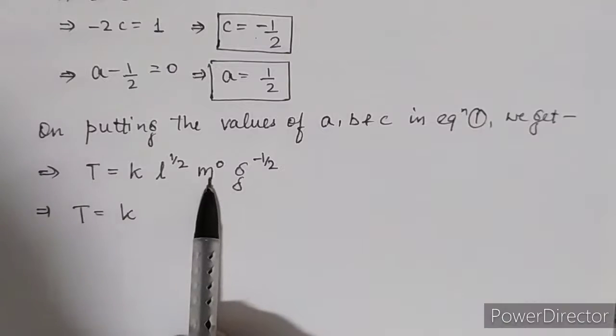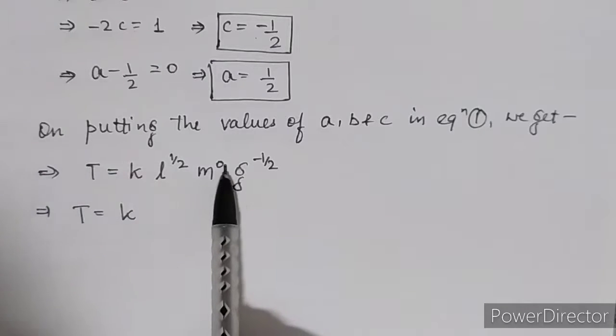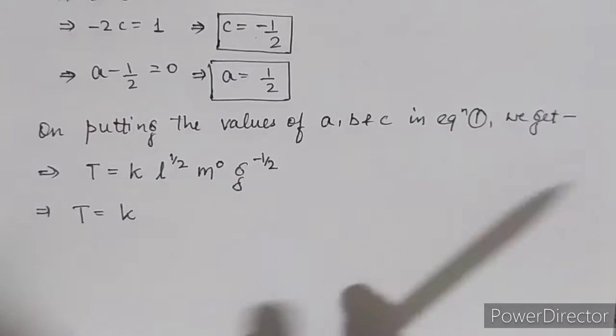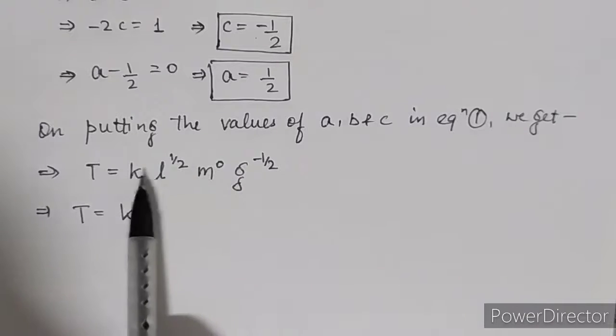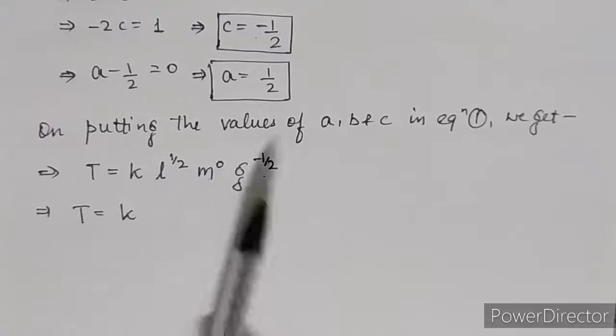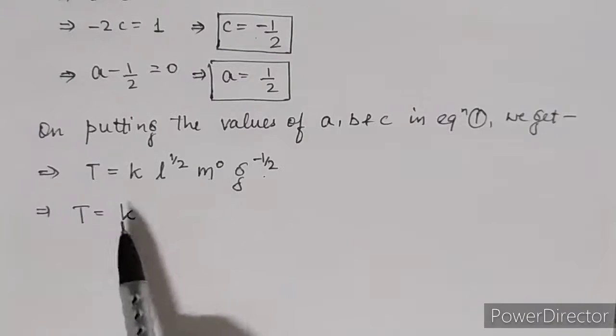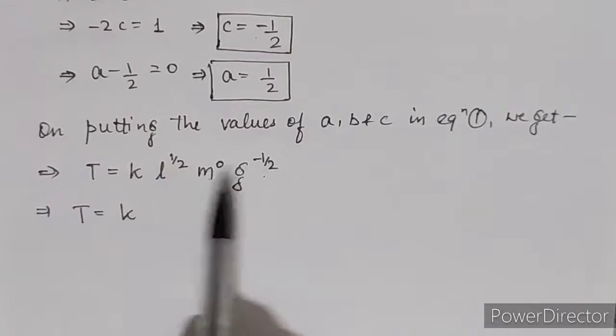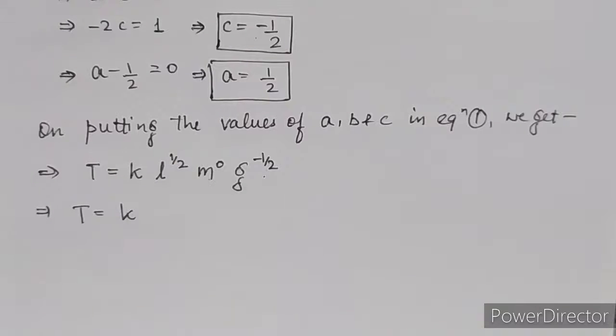Those physical quantities which have the power 0 have the value 1. So 1 multiplied with this does not affect our equation, so we are not including the M. So L to the power 1 by 2 and g to the power minus 1 by 2. So 1 by 2 we can write in the form of under root, square root means power 1 by 2.